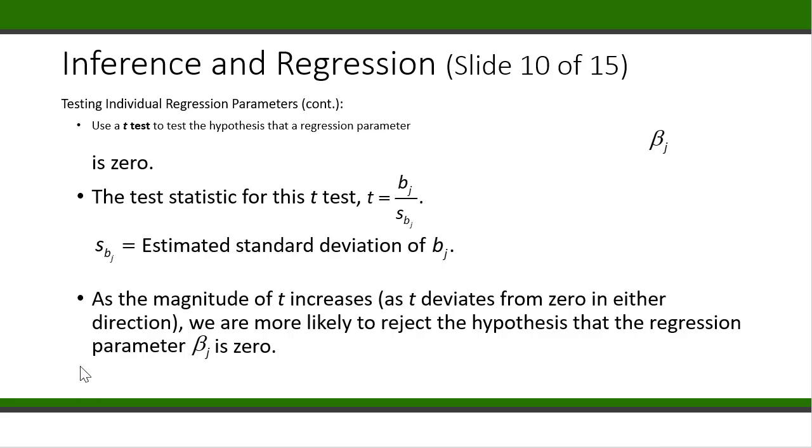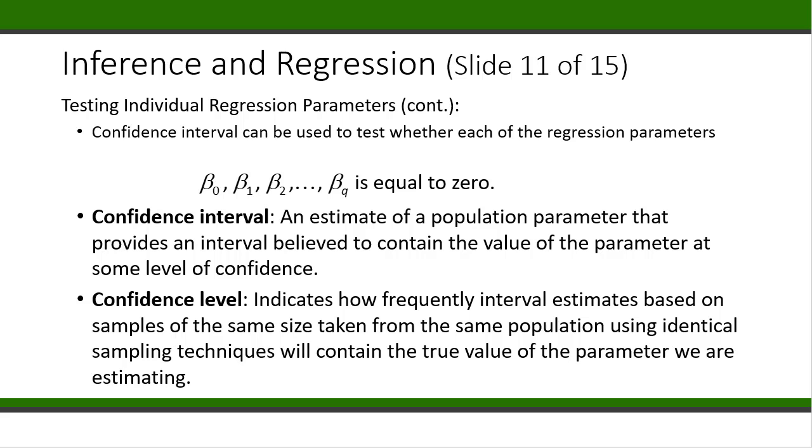So as I mentioned earlier, we're going to test to see if these beta estimates are statistically significant. That is, they don't contain 0 in their interval range. So some terminology that you've already seen is this confidence interval. That's an estimate of that population parameter.